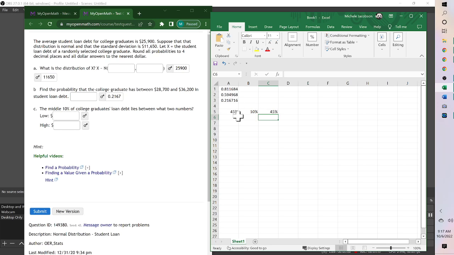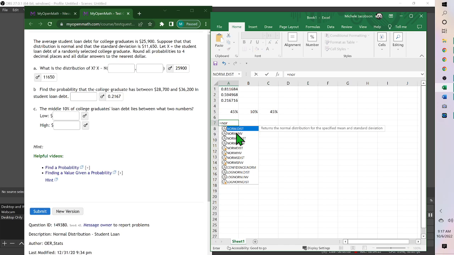To find the value here, then, notice 45% is below it. Because remember, even when we plugged in here, it gives us the value below. So 45% is below the lower value. To find this value, then, we use equals norm, but you want this one here, inverse.